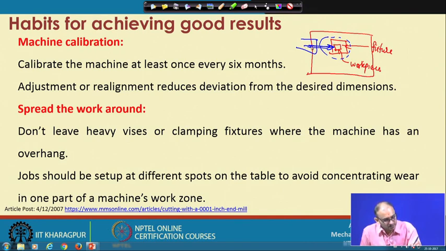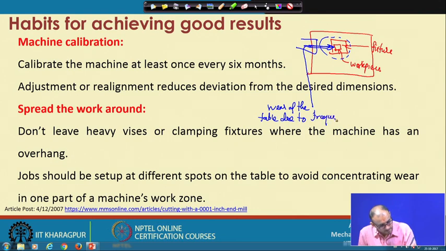So, this is the wear of the table due to frequent movement of the fixture from the same location.